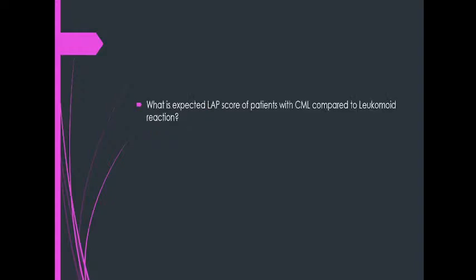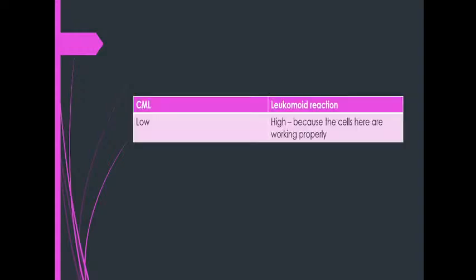Alright, now, what is expected in the LAP score of a patient with CML as compared to one with the leukemoid reaction? Well, CML has low LAP score, while a leukemoid reaction is expected to have a high LAP production. But why? Because the cells are working properly. Okay?